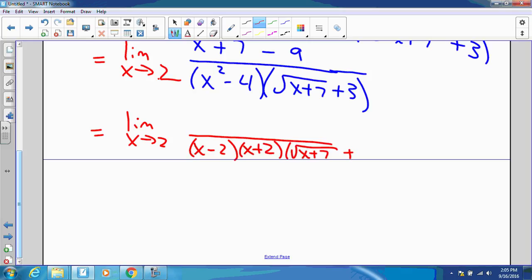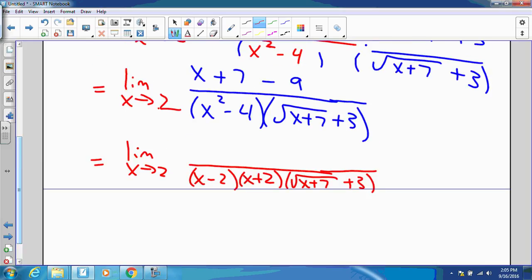In my denominator, I still have all of this. In my numerator, look at that. I have x plus 7 minus 9, which is the same as x minus 2. There's my hidden factor. Look at that.